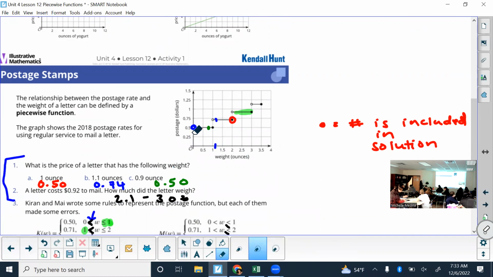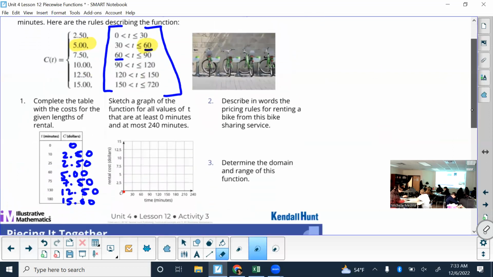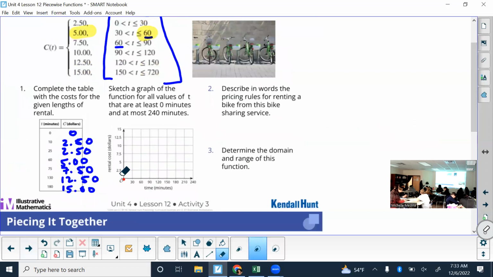Ordinarily, yeah, when something weighs 0, it costs $0 to mail, just like when you use the bike for 0 minutes, it costs $0 to rent it. But let's make it look more like the one on the first page. So table 3, where would I put the first circle? Okay, good. Just so that it looks more like the one from yesterday. So it's an open circle because that's not actually the output when it's 0, but that's where the piecewise function starts.